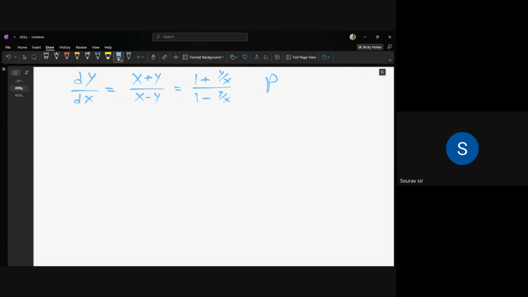Now we have to use the thing which we used in the previous equation.